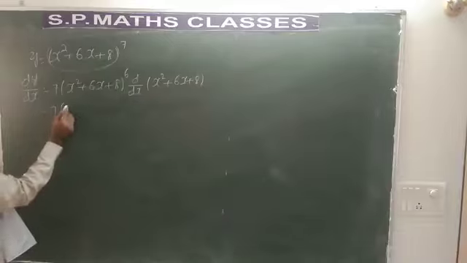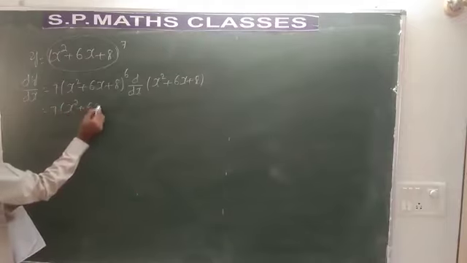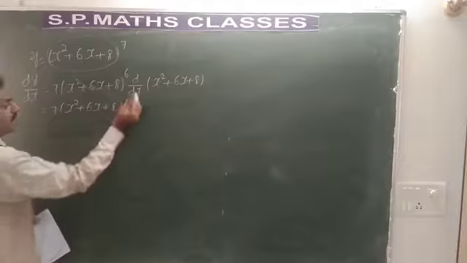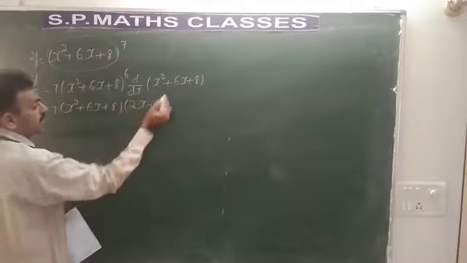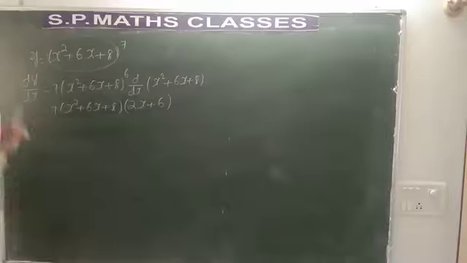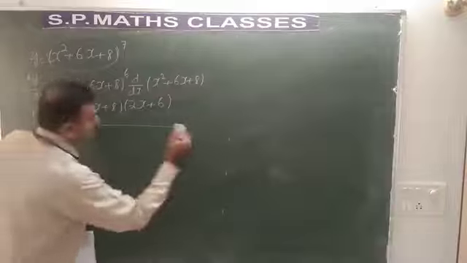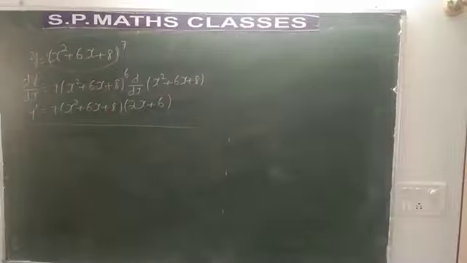The derivative of x squared is 2x, the derivative of 6x is 6, the derivative of 8 is 0. This is dy by dx. It is also denoted by y dash.